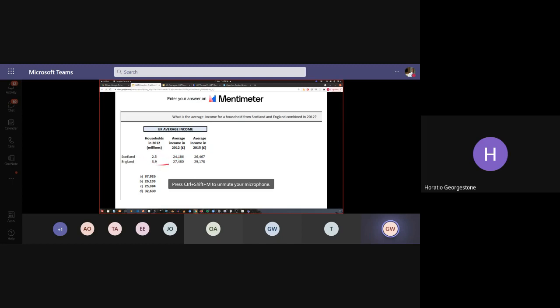Do the same for England, that would give you total income for England. Add those together and you get the total income for Scotland and England, and then divide that by the sum of 2.5 and 3.9, which is the number of households, and that will give you the mean. In other words, it's a weighted mean that we need to calculate.